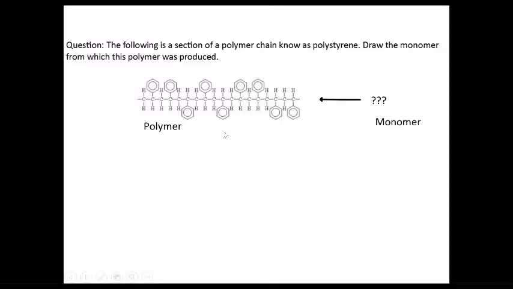You're going to have to cut this polymer into the repeating units that it's made from, the monomer units. And each monomer unit, as we already know, in polymerization, is going to have a carbon-carbon double bond in there, an alkene, that just repeats itself over again. So what we need to do here is simply cut this.